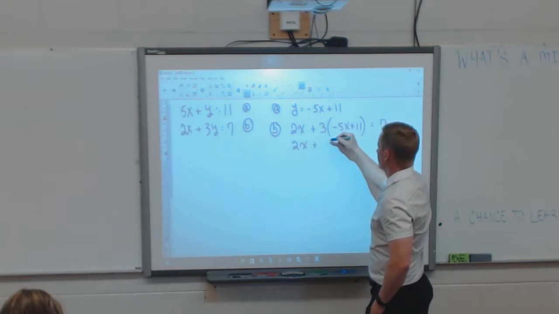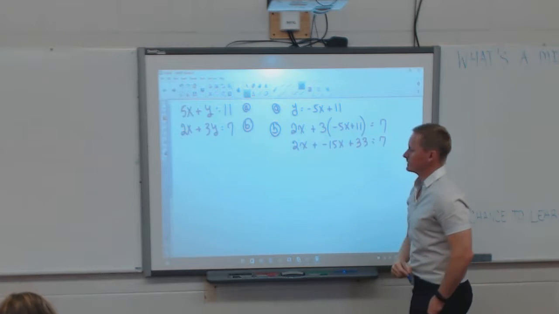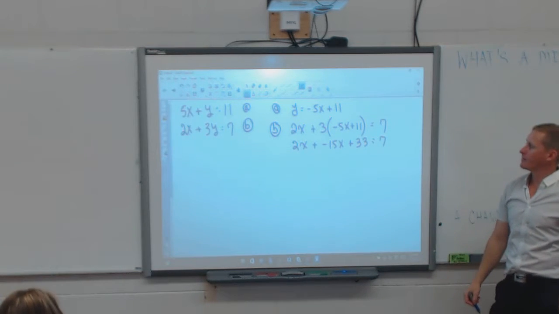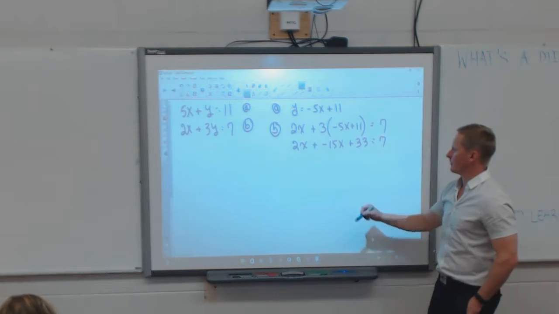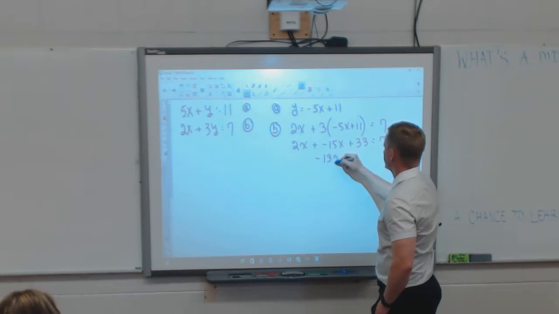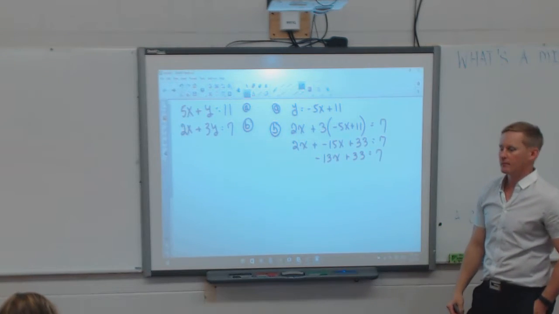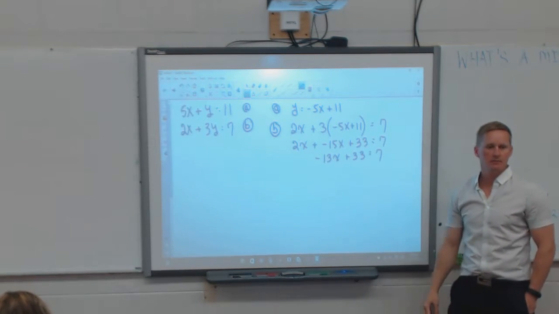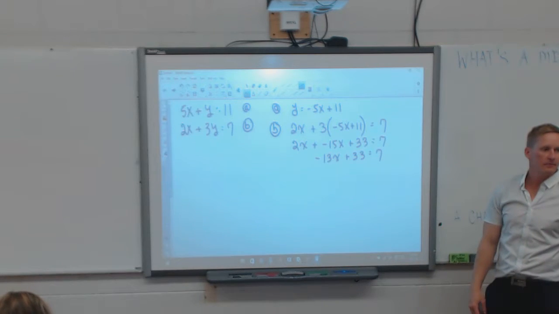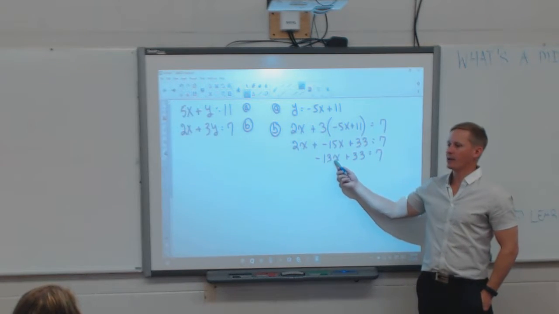2x plus negative 15x plus 33 is equal to 7. So I have them on the same side already, the x's. So I just want to simplify this a little bit. So I'm going to get negative 13x plus 33 is equal to 7. Right? Now how do I isolate this negative 13x? How do I get it by itself? I need to get the x value by itself.